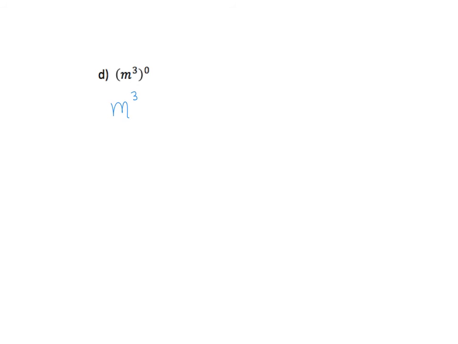So m to the 3 times 0. Well, anything times 0 is 0, so we really have m to the 0 power. And we know that anything to the 0 power equals 1. Here we would do x to the negative 2 times negative 1. And when we do a negative times a negative, we get a positive. So we have x to the second.